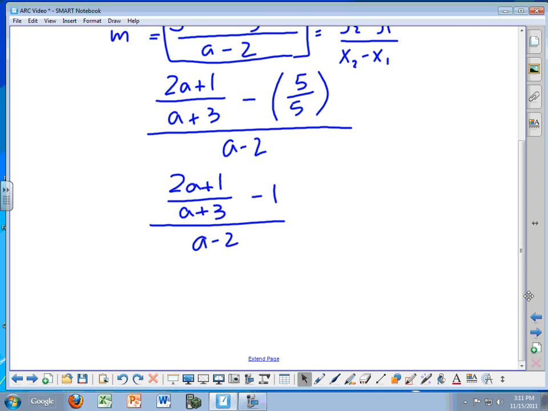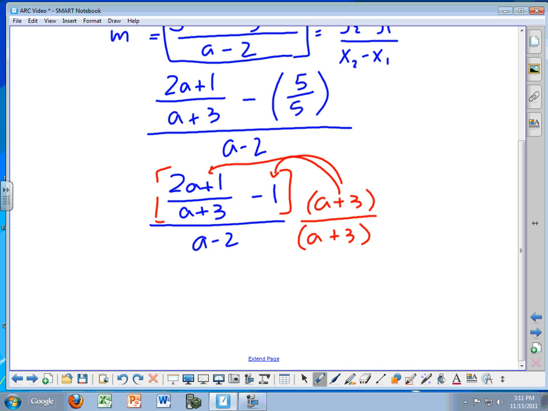We found that whenever there's a complex fraction, the easiest thing to do is to multiply the numerator and denominator by the denominator, that little mini denominator, a plus 3 in this case, and distribute it to these two terms and distribute it in the bottom. But we also notice that in the denominator, we know it's going to cancel.